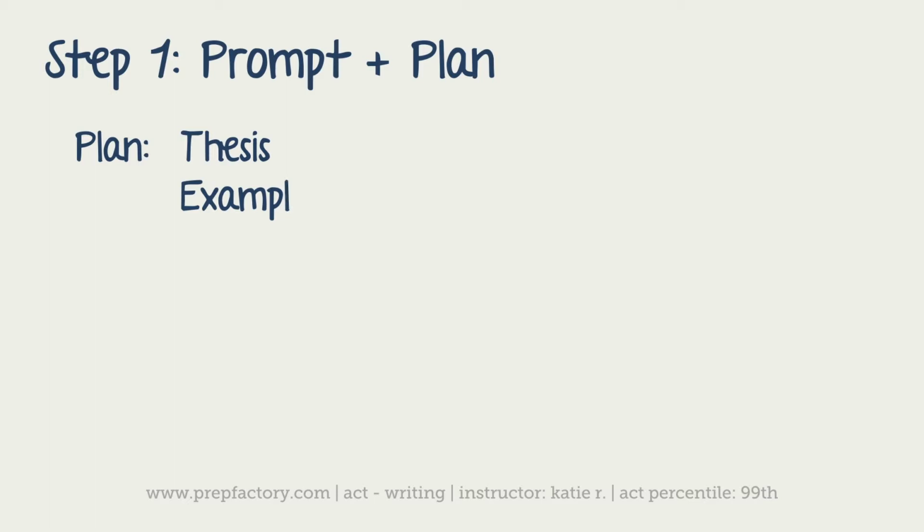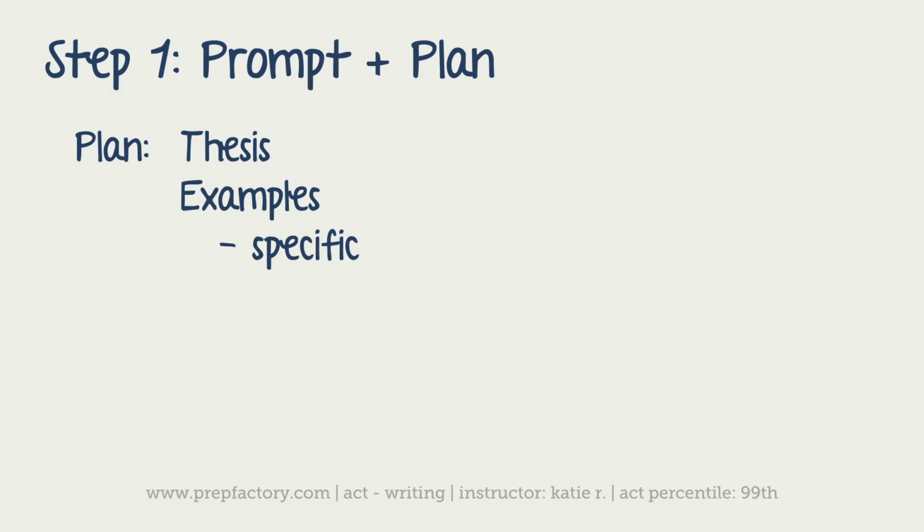So a note on examples: you want them to be specific. You need to have a lot of details, and you also need them to matter in some way. The idea is they need to tie back to your thesis easily. The easy check for that is when you write down your example, you ask, do I know a lot about this?